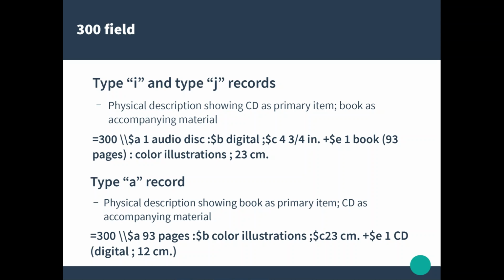So in the subfield A, we have the audio disc, and the book gets included in a subfield E. Whereas if we are choosing a type A record, where the book is the primary item, we want to have the 300 field showing the book as the primary component in that subfield A for the description, and then the CD added on as the subfield E.